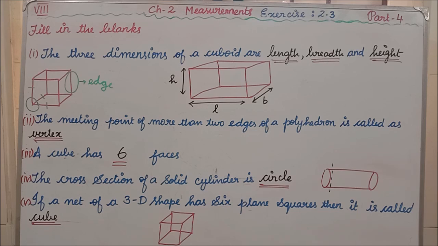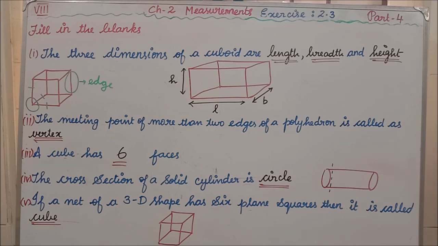Next, fifth subdivision. If a net of a 3D shape has 6 plane squares, then it is called dash. Students, the 3D shape of a square, what did I tell you? Yes, it is a cube. Students, here they are talking about a 3D shape of 6 plane squares. So which means what?